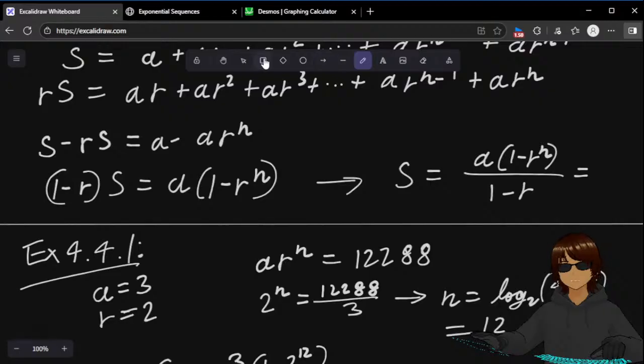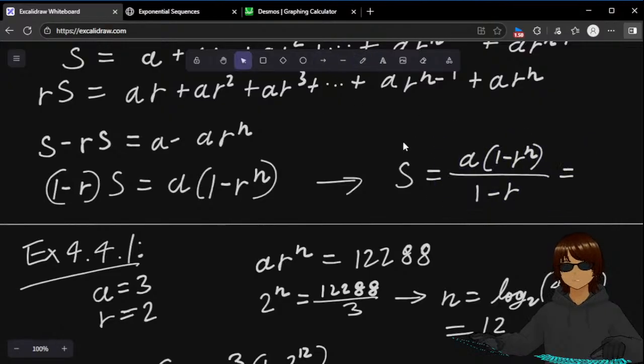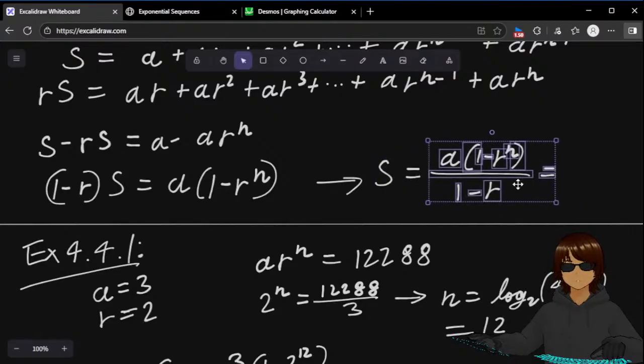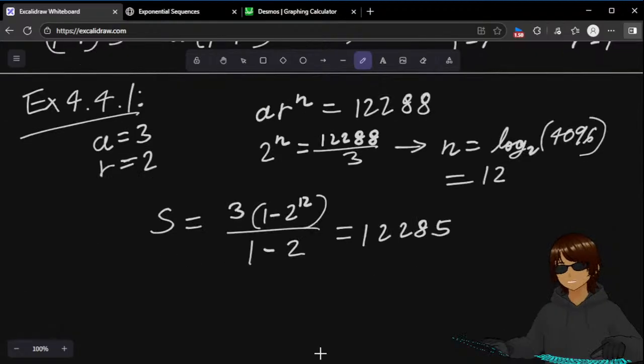I can multiply both sides by minus 1, so I can have a positive thing. So I don't have minus on the top and bottom.